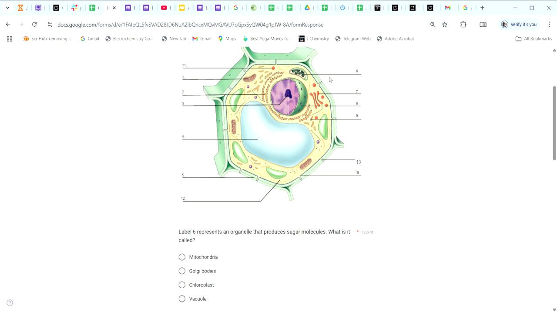Label 6 represents an organelle that produces sugar molecules. What is it called? What is this?